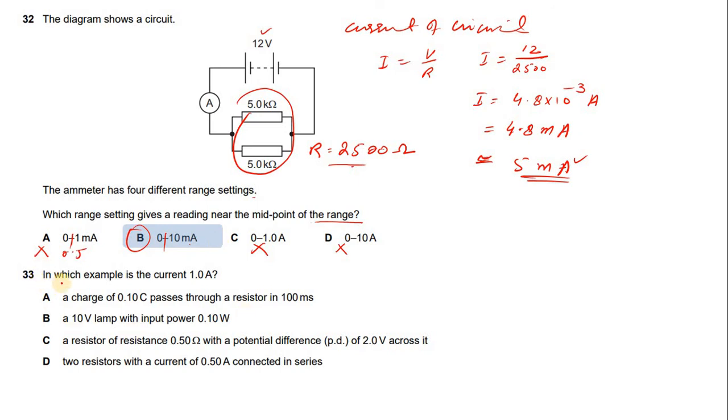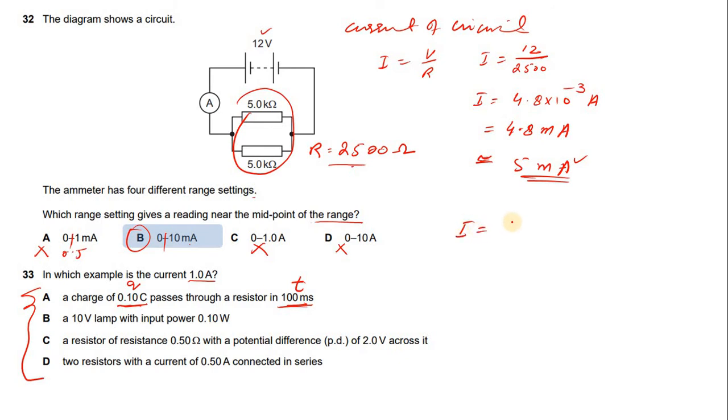Question 33. In which example is the current 1 ampere? So which is giving you a current of 1 ampere? You have different formulas to find the current. The first one is a charge of 0.1 coulomb passing through a resistor in 100 millisecond. So this is the time and this is the charge Q. So you can find the current.